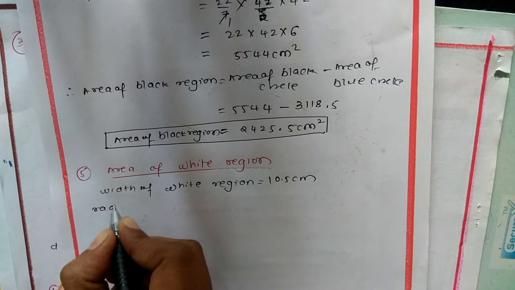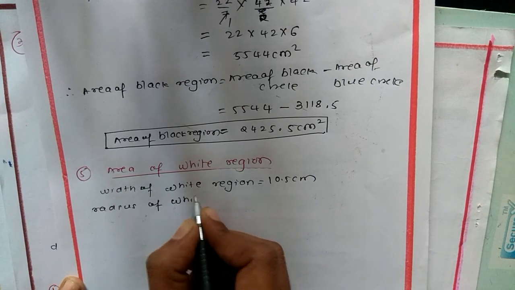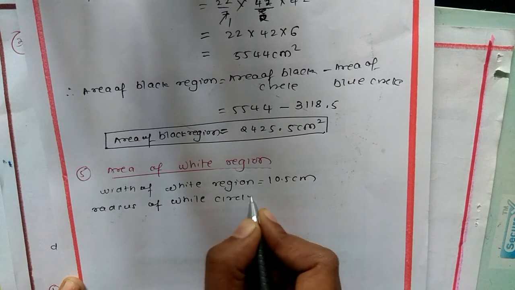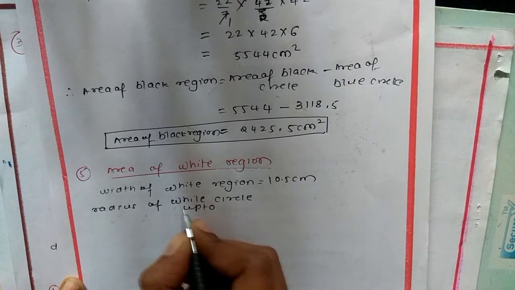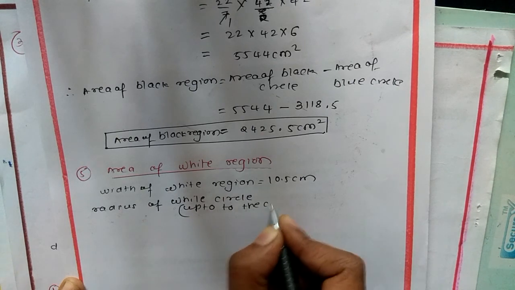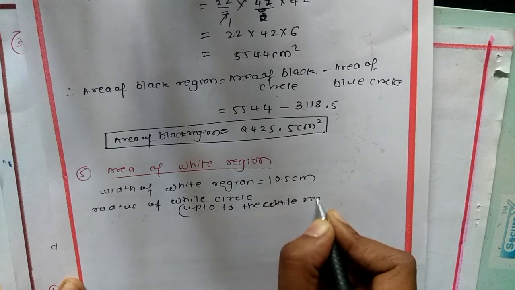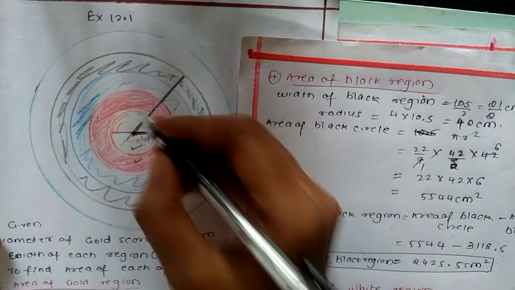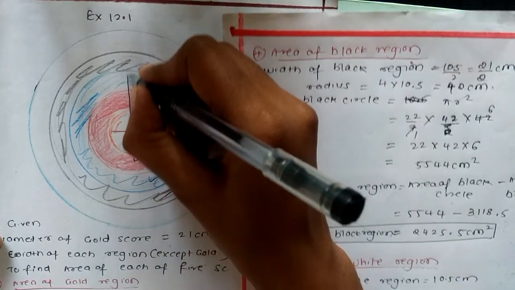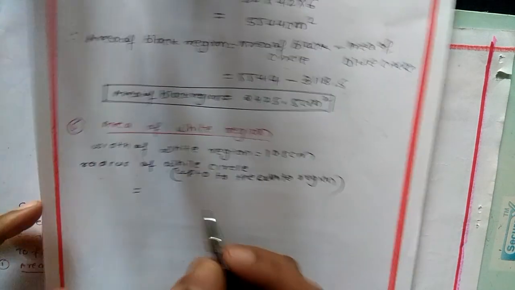Now we have to find out the radius up to the white region. It means what? Radius from the center till here. So that we have to find out.